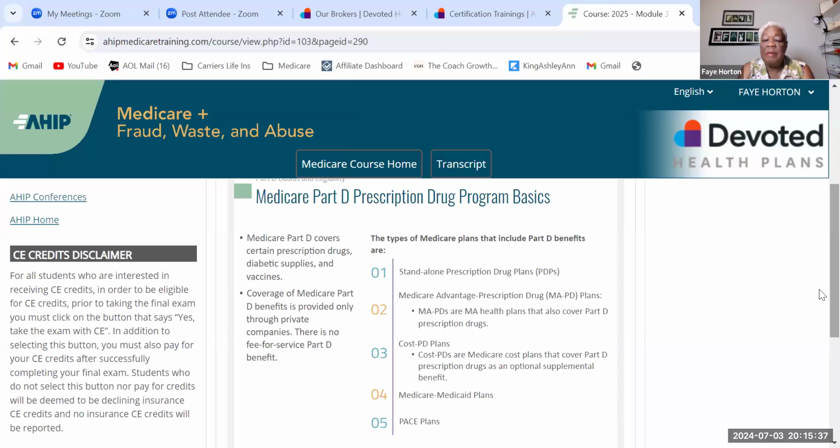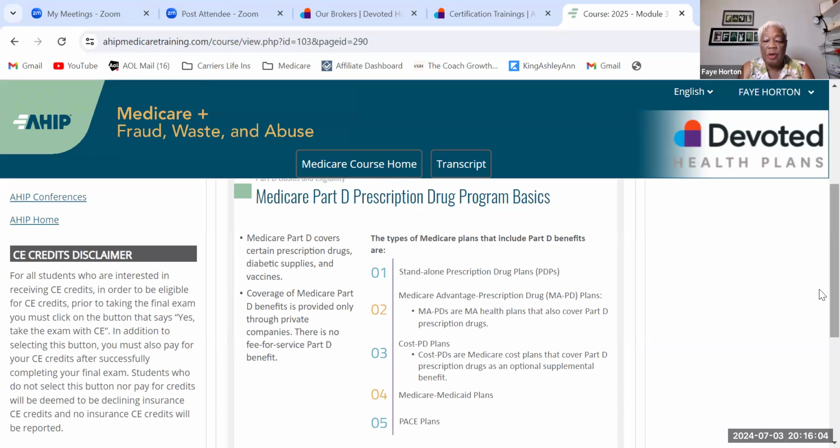The types of Medicare plans that include Part D benefits are standalone prescription drug plans, Medicare Advantage prescription drug plans, those might be MAPDs, and those are the Medicare Advantage plans that have prescription drugs included.